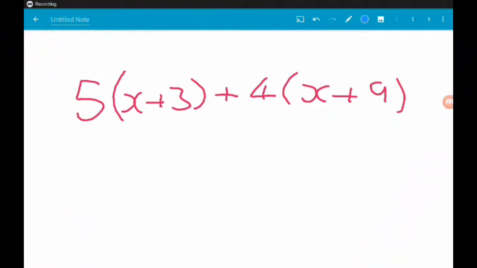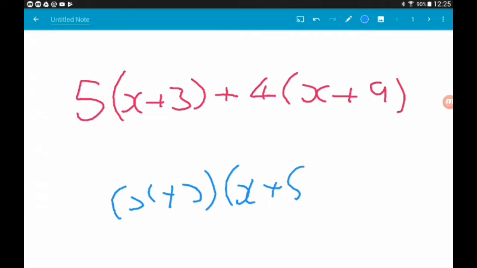Okay, now this is the type of question that we're going to build up to in this video, but before we get here, I'm going to briefly remind you what it means to expand and to simplify. There are already videos on expanding brackets, so I'm going to link the playlist down below in the description where there's more detail. Also in there, there's expanding double brackets, so things like x plus 3 times x plus 5, so that's in that playlist.